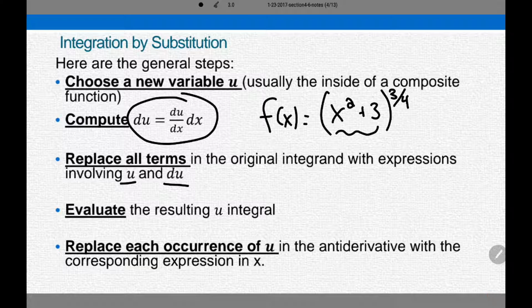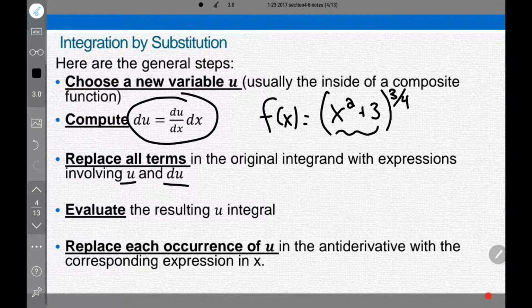It'll be one of the ones that we have our antiderivative formulas for already. And then we replace each occurrence of u in the antiderivative with the corresponding expression in x, and then that's our indefinite integral, or we can then go on with a definite integral and put our a and b values in and use the fundamental theorem of calculus to evaluate.